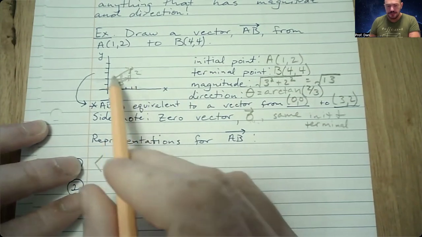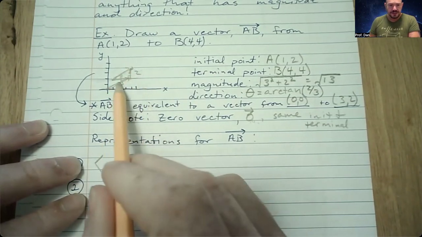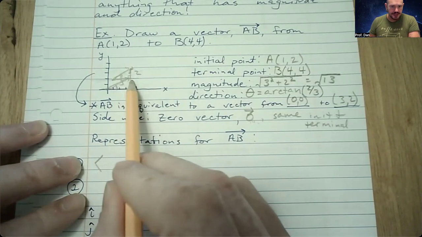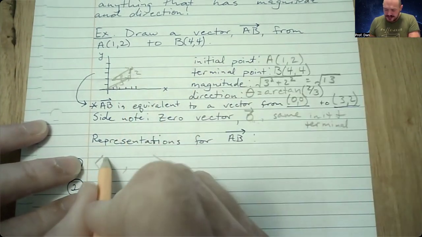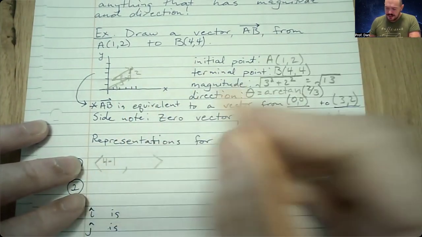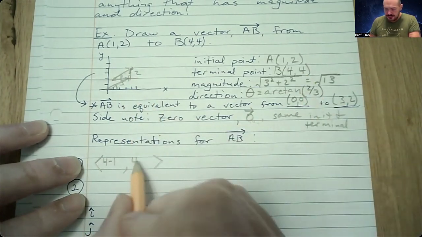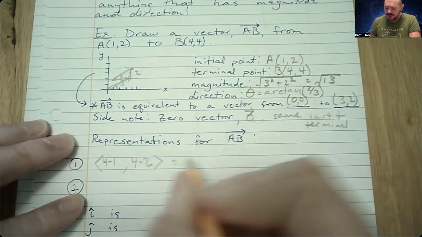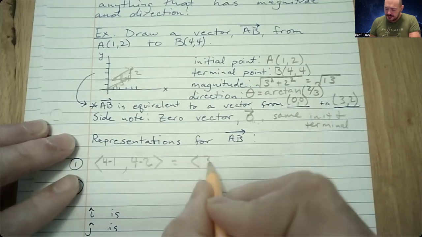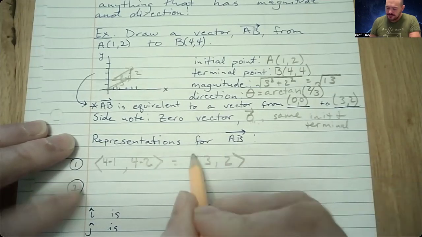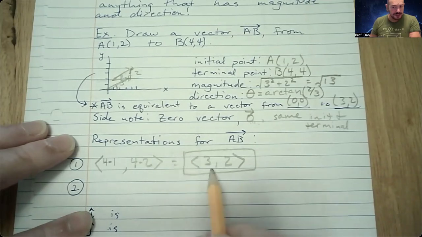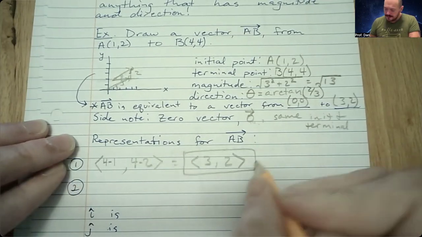We have our horizontal component and our vertical component. So horizontal component would be 3, i.e. the change in x. And the vertical component would be 2, i.e. the change in y. So we could write this as the vector <3, 2>. That's one way we can represent AB.